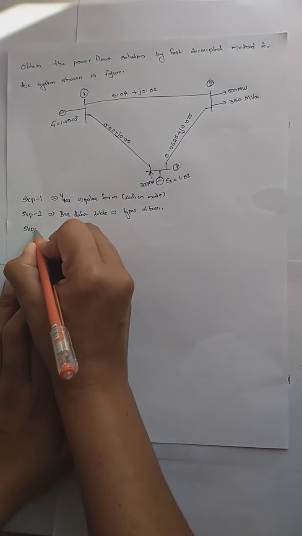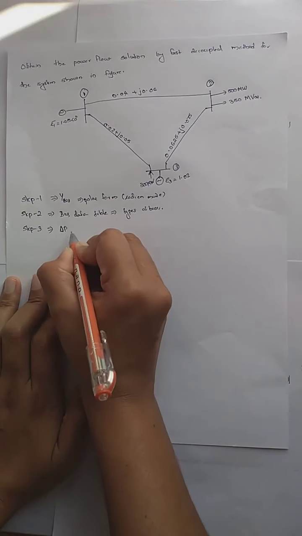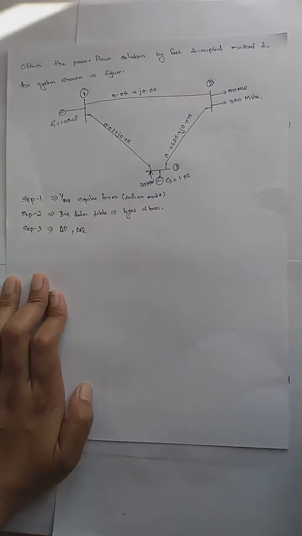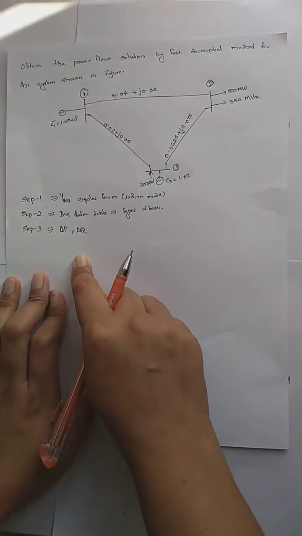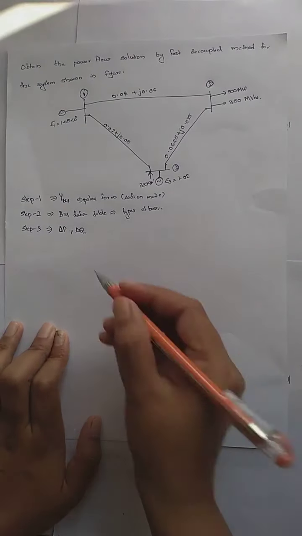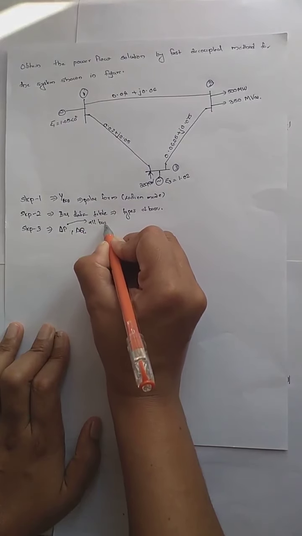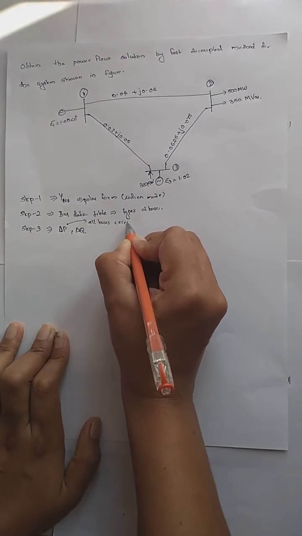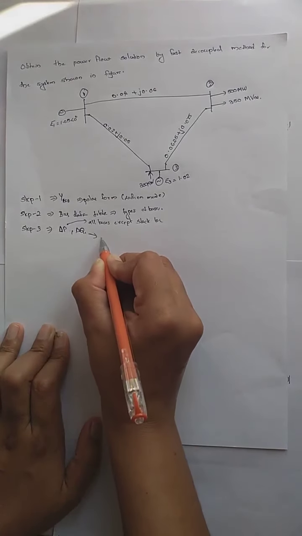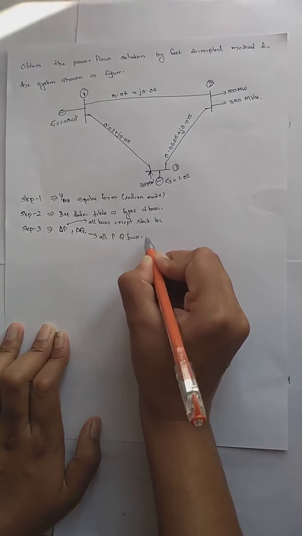What is our step 3? Depending upon the type of buses, we find delta P and delta Q. Delta P should be found for all buses except the slack bus, while delta Q should be found for all PQ buses.